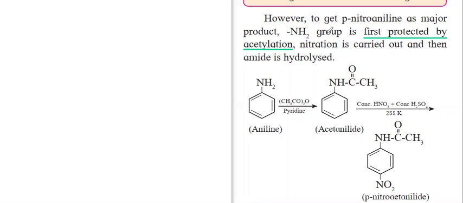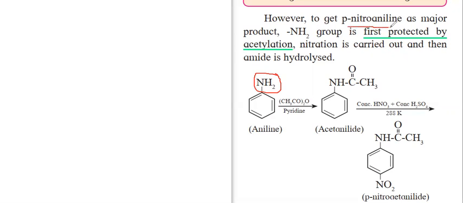If we need just para-nitroaniline, we have to first protect the amino group by using acetylation. Because we protect that amino group, it will never be converted into NH3+, and because of that, it will never form the meta product, and it will form only the para product. We'll see the reaction.